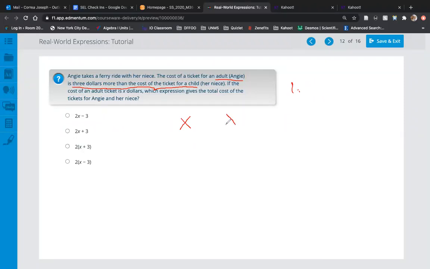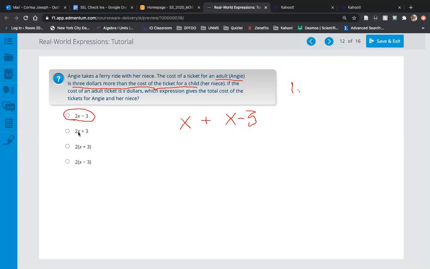If we said X plus 3, that would be incorrect, because that would mean she's paying more. The niece is paying less. It's going to be X minus 3, the child's ticket. So if I add them together, it ends up with 2x minus 3. So if you picked 2x minus 3, you got it correct.